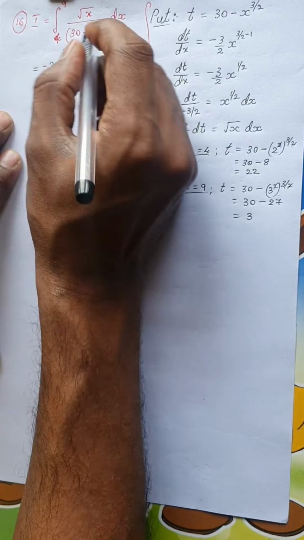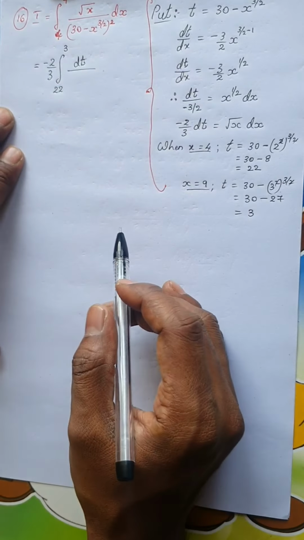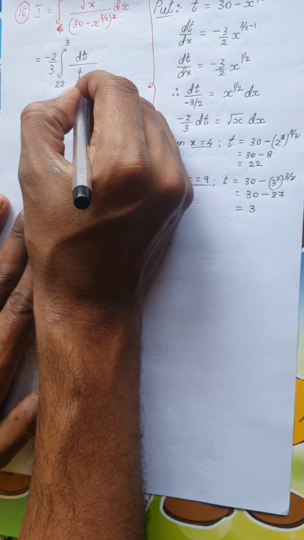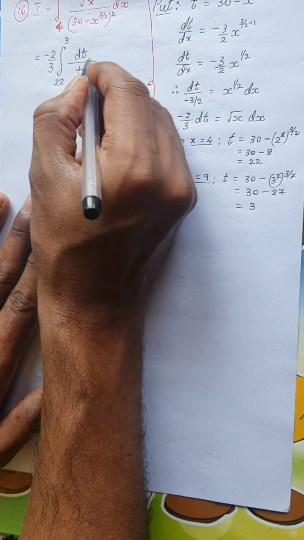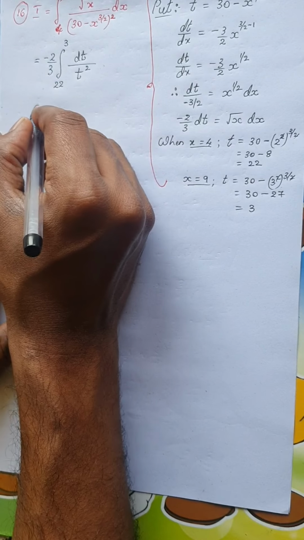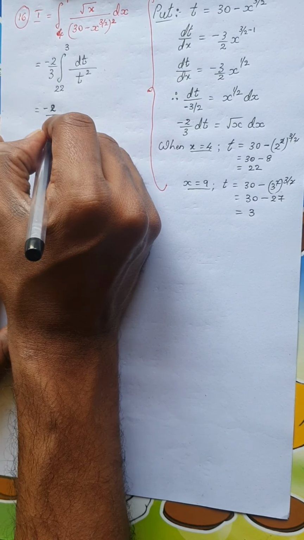And the numerator is purely dt, divided by the denominator, which is 30 minus x power 3 by 2 whole square. So this becomes t square. I had not written it in the beginning, but the question has a whole square, so I have taken t square. So this is nothing but minus 2 by 3.